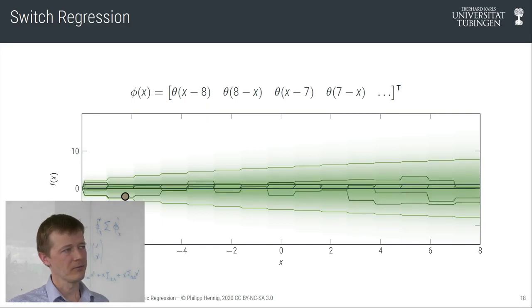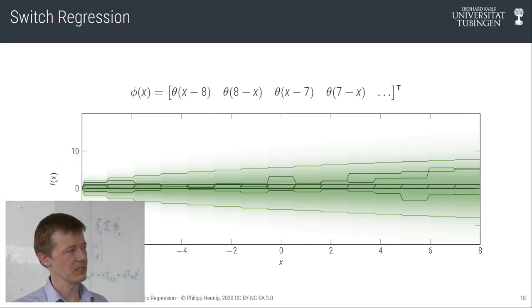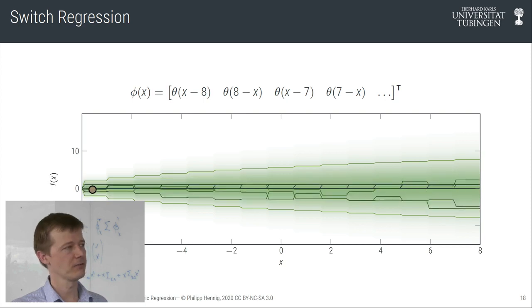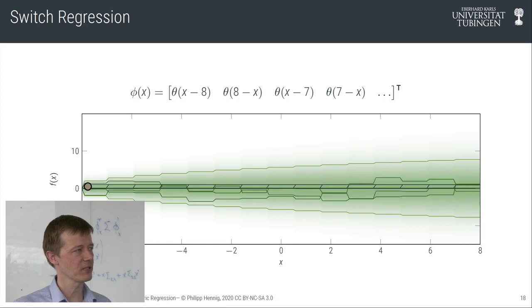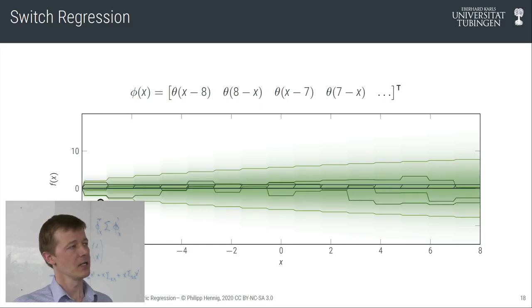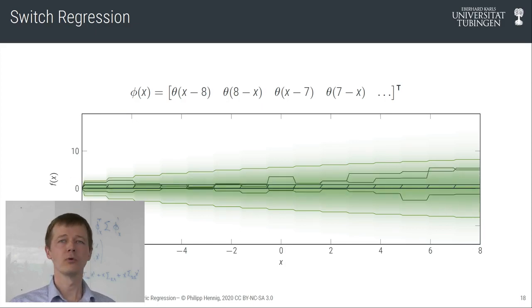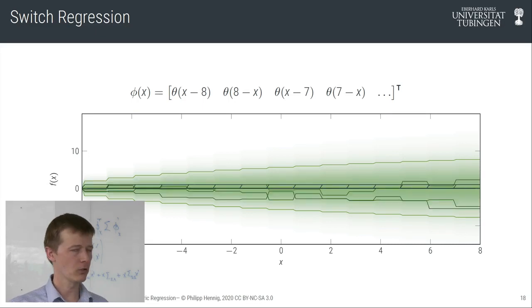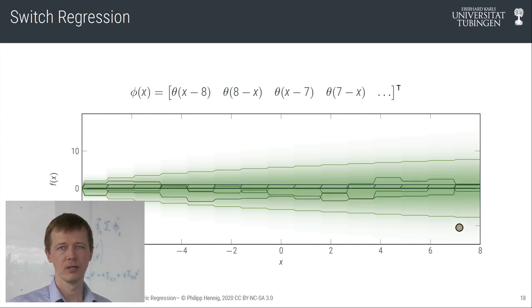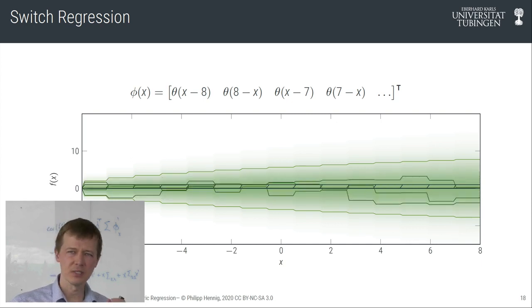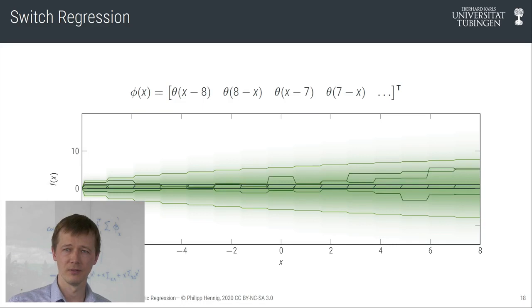With such a model, on the left-hand side all the features are 0, and therefore the hypothesis space also ensures that all functions must be 0 over here. As we move along to the right, more and more of these features switch on and add up together, so there's more and more room for function values to grow. These technical issues in the definition of the features actually matter.